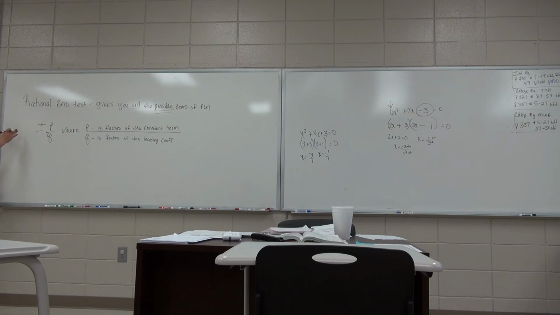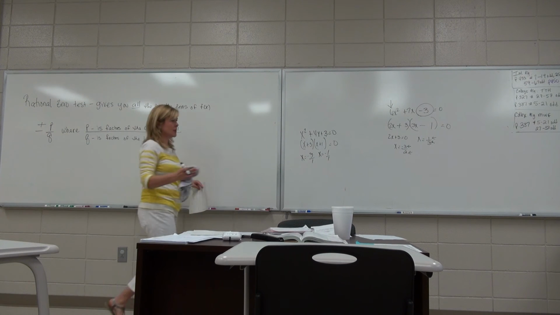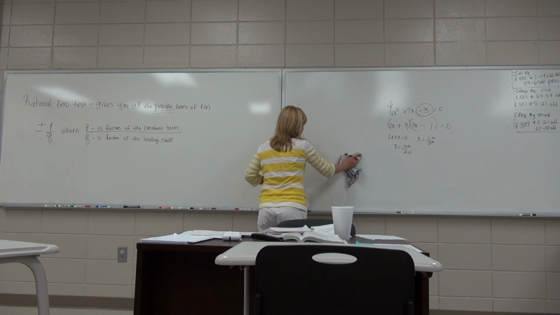So you've got this plus or minus. You've got to take into account the positive and the negative of each one of them. So before we do a whole problem with it, let me show you what we mean here.